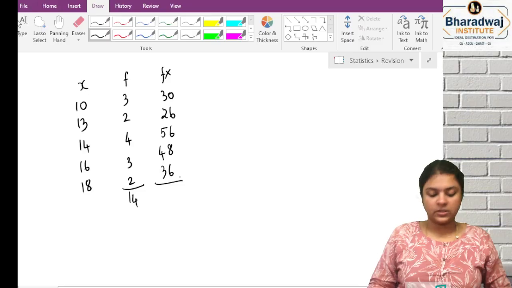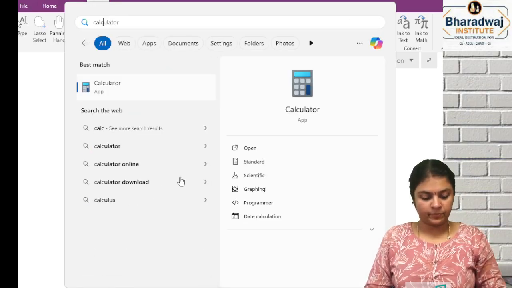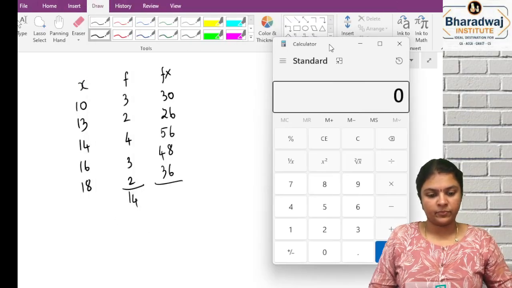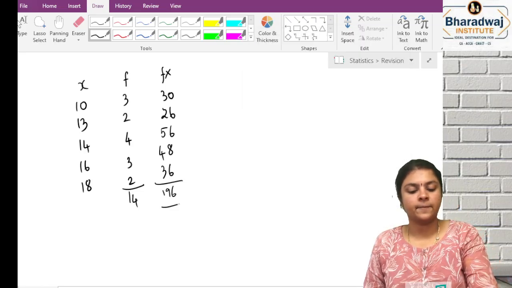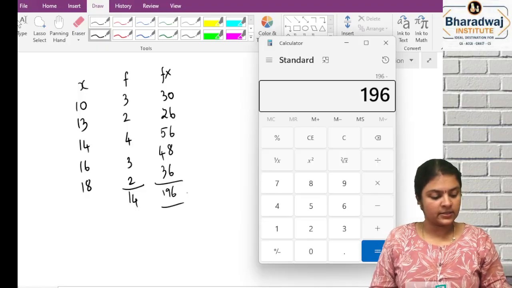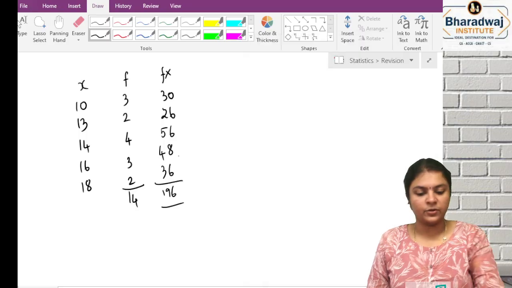And what does this total to? 30 plus 26 plus 56 plus 48 plus 36 is 196. So 196 by 14, that is 14. Correct?